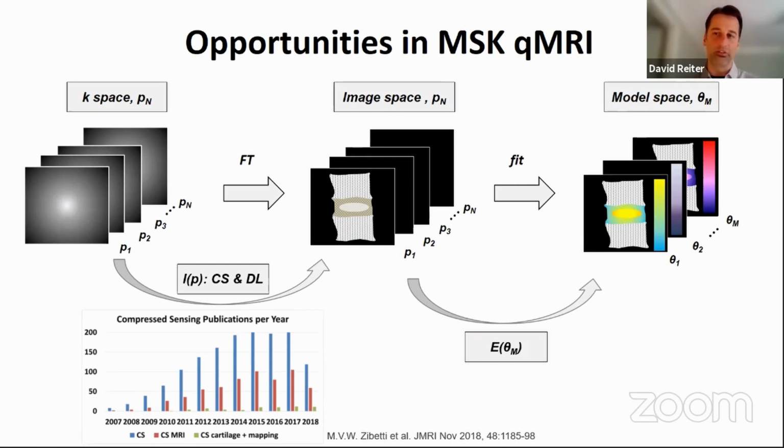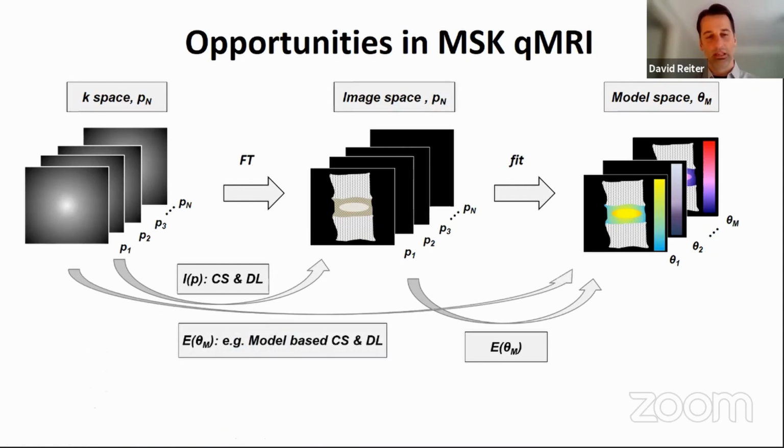As you can see, compressed sensing, as an example, is barely ever applied to cartilage mapping. And certainly for estimation from undersampled data space all the way to the parameter space, there is really very little that's been done for musculoskeletal imaging.